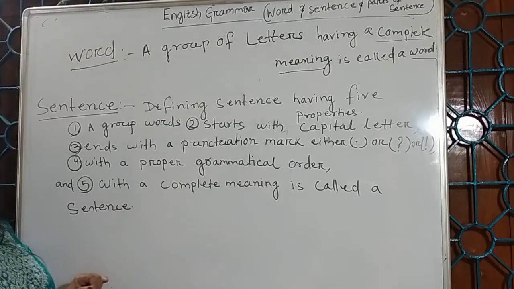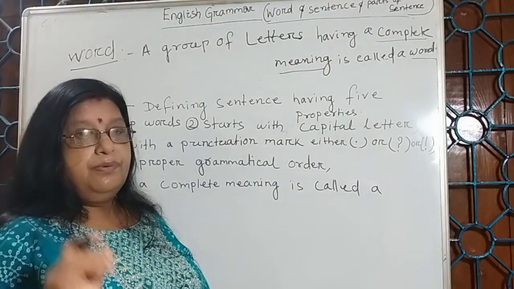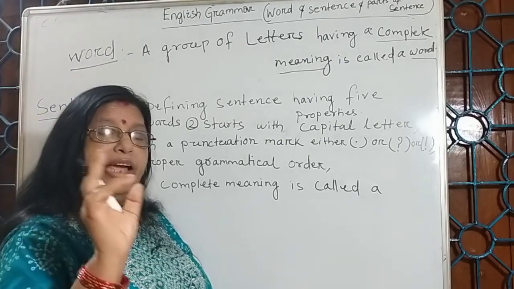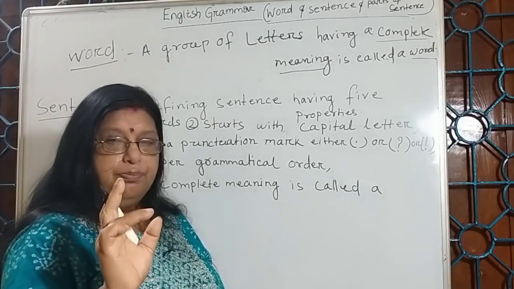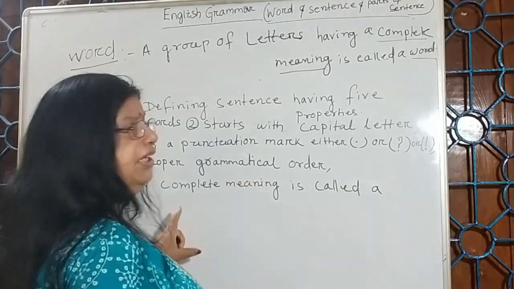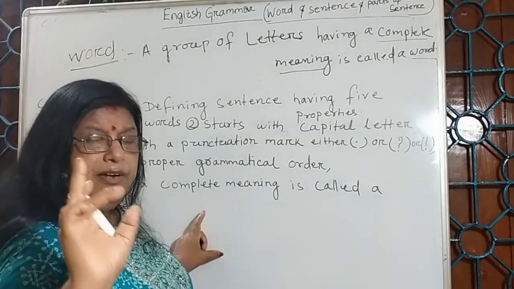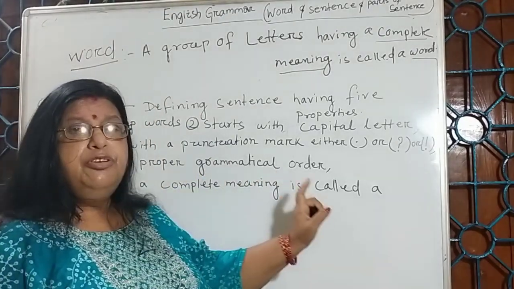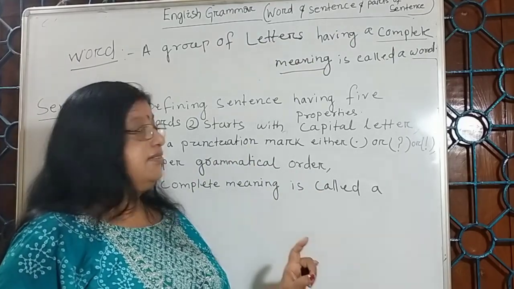So, a sentence has 5 properties. To make one sentence, it needs all 5 properties. Without any one property, it must not be called a sentence.